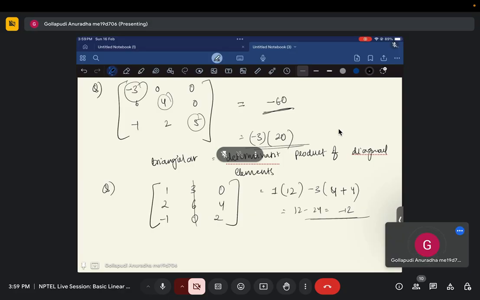Any doubts? See, I hope you calculated the determinant of this.